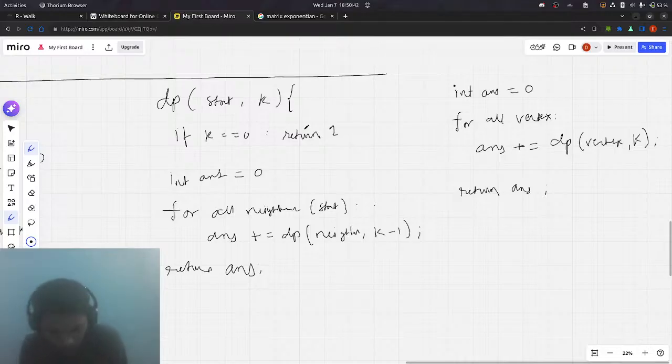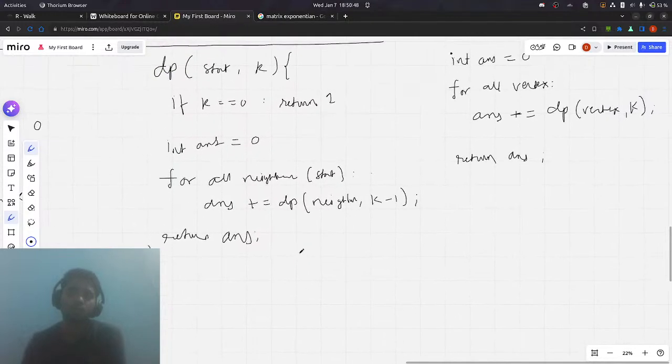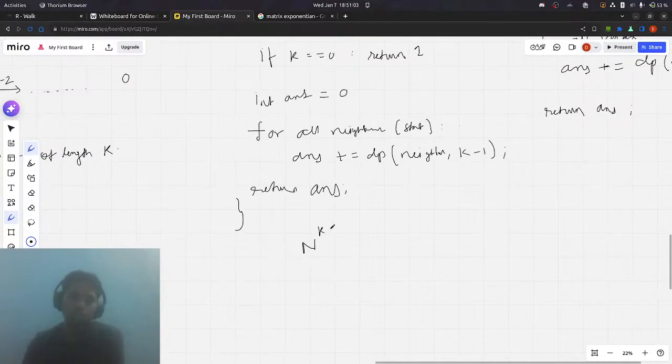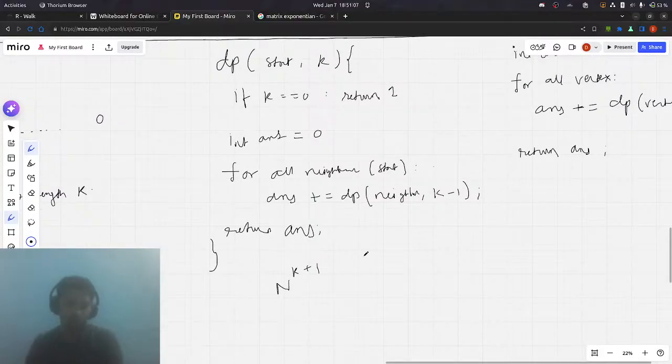So there can be n branches, and these branches themselves can be k length. So n to the power k, and then we are doing this, so k plus 1, something like this.